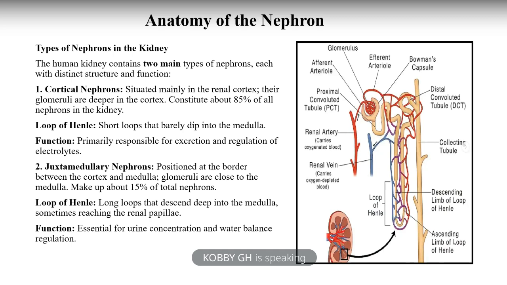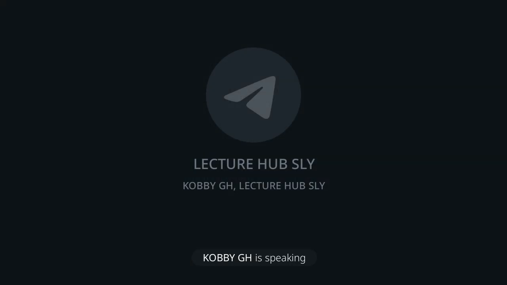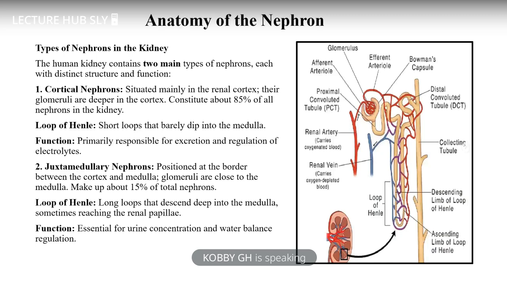When we talk about kidney function, we are essentially talking about what the nephrons are doing. If we ask you what the functions of the kidney are, we are just talking about the functions of the nephrons. Whatever function the kidney performs, the engine behind that function is the nephron.